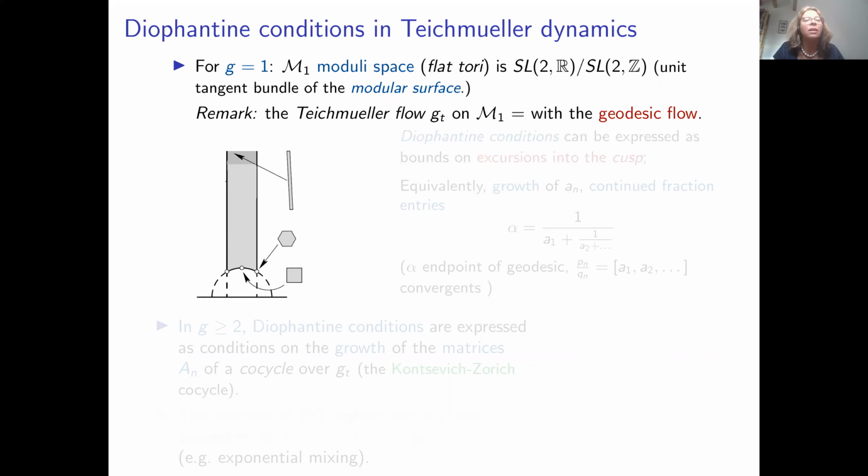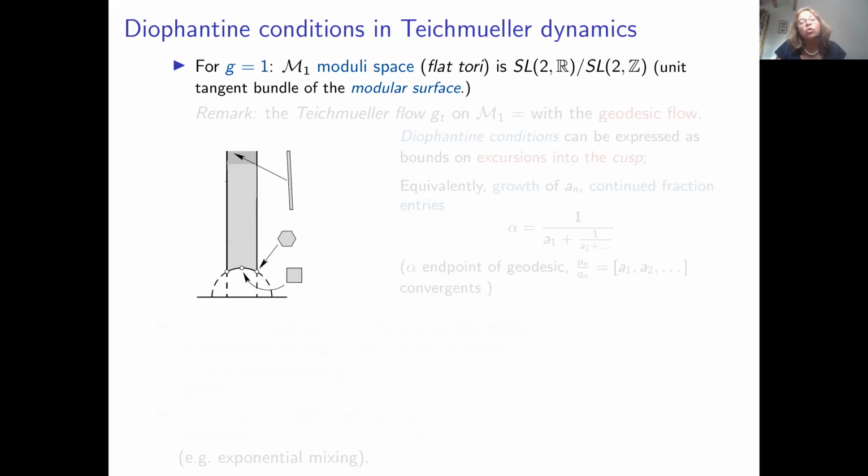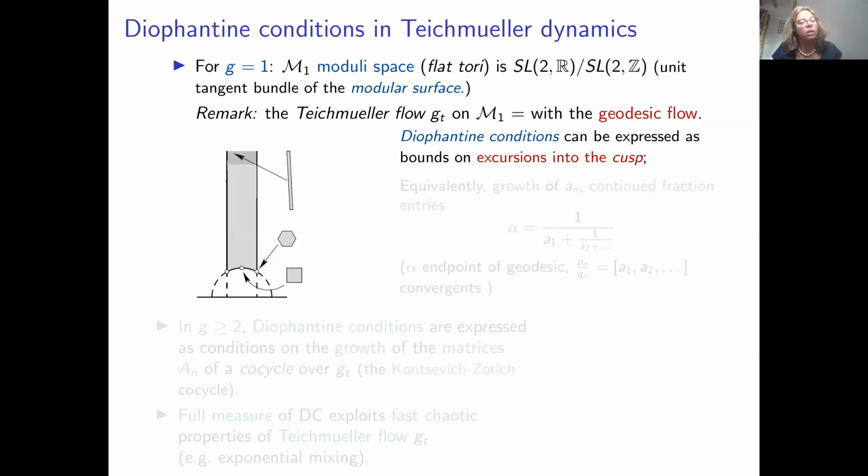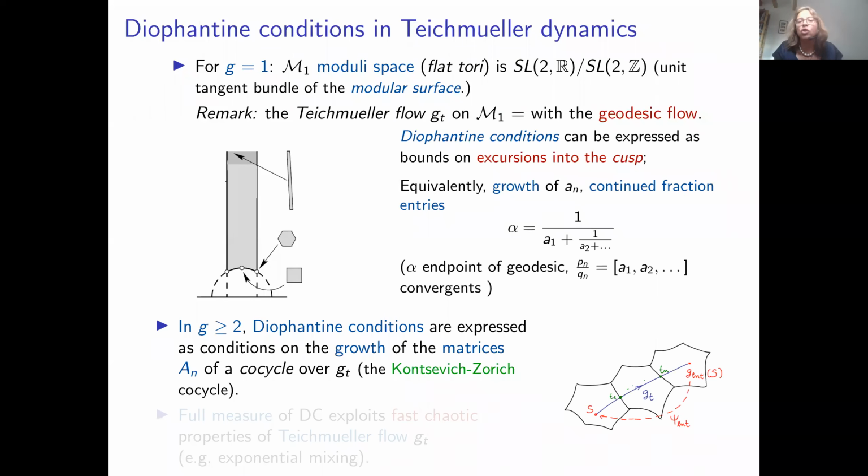If anybody's interested, a crucial tool, a crucial need is to have Diophantine conditions on these flows. In genus 1, for tori, we have standard Diophantine conditions through continued fractions.